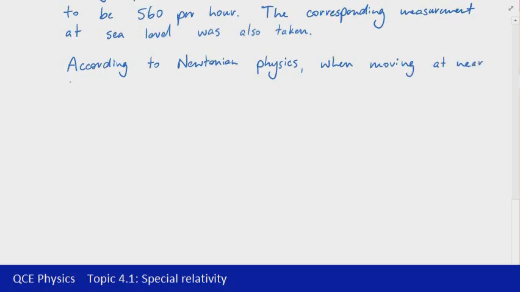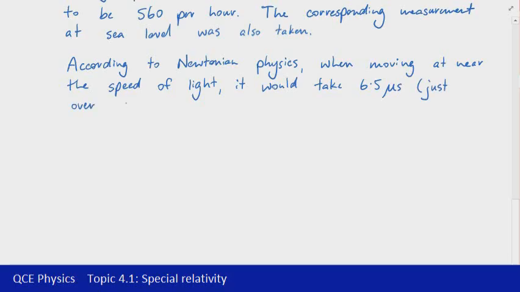But even moving at near the speed of light, to cover that distance it should take them 6.5 microseconds. So you can see that 6.5 microseconds is a fair bit longer than their half-life. It's just over 4 half-lives.